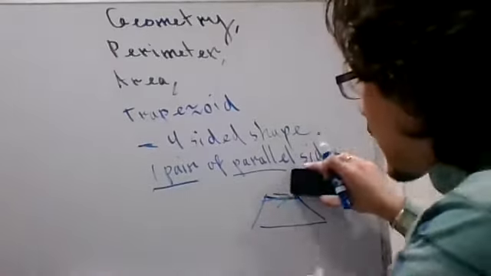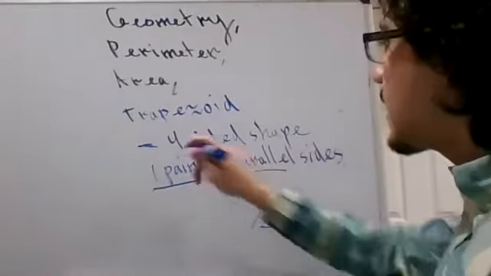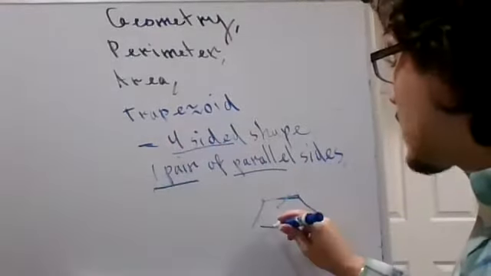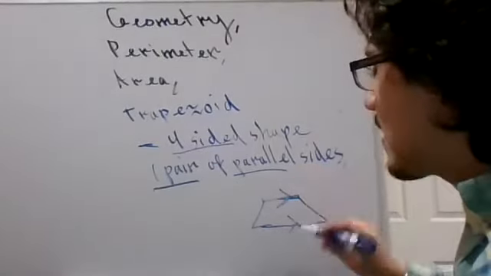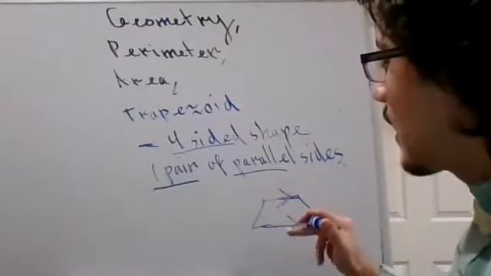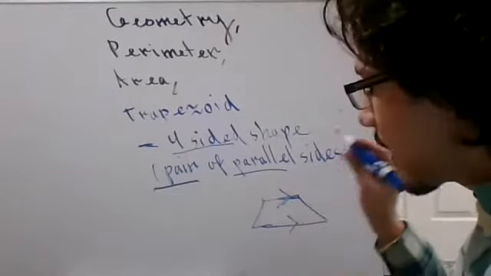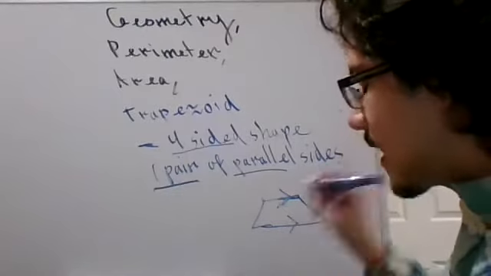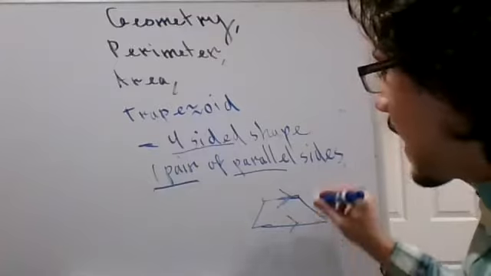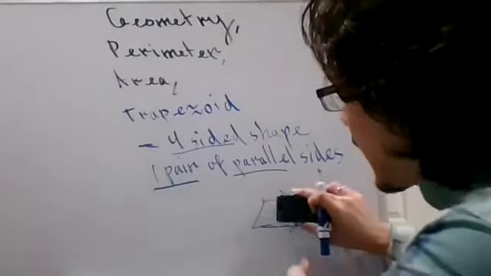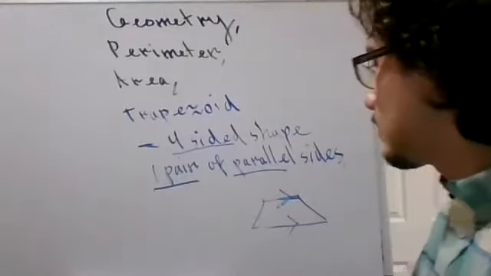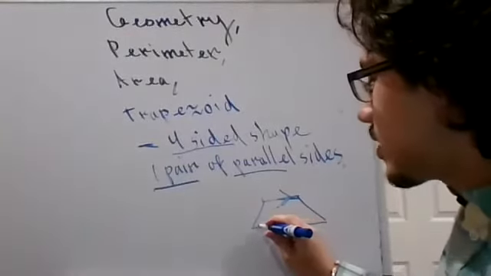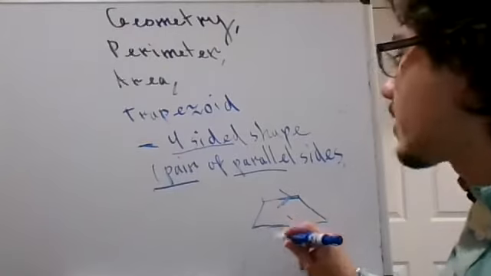So it is a shape with four sides. It must have one set of parallel lines, and the other set of sides cannot be parallel to each other, and it must be a shape. Can anybody draw this for me? I want everybody to draw their own examples of a trapezoid.